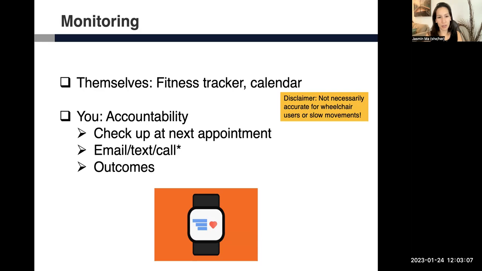So checking in on how they're doing, setting up your next appointment and stating that we'll follow up on how you've been doing with your goal, having a set of outcomes that maybe we're measuring to see how we're progressing over time. And sometimes even just that email or that text or that call, just to check in to see how we're doing, can be really powerful.